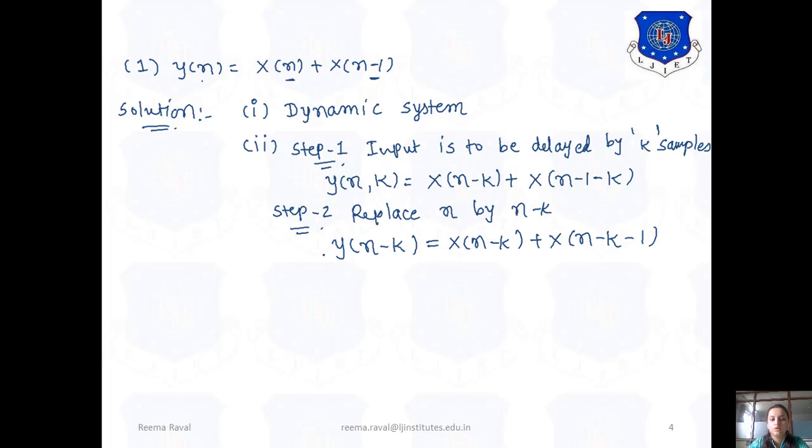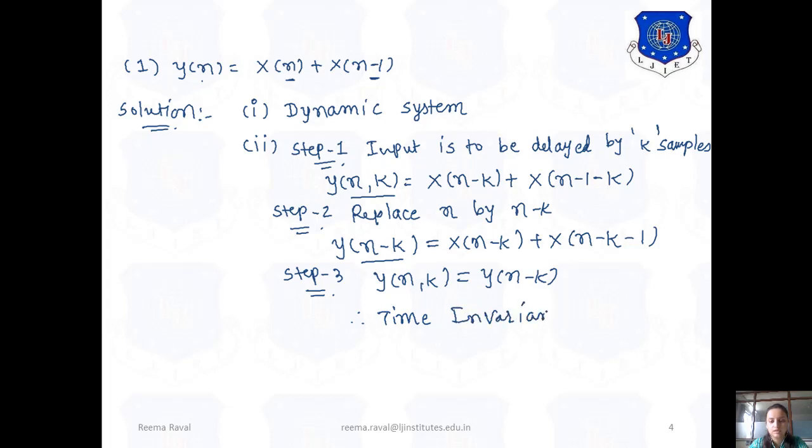Step 3 is to compare step 1 and step 2, that is, y of n comma k and y of n minus k. As you can see, both are equal, n minus 1 minus k. So y of n comma k equals y of n minus k, and if both are equal, we call it a time invariant system. That means with respect to time it does not change, so this system is time invariant.